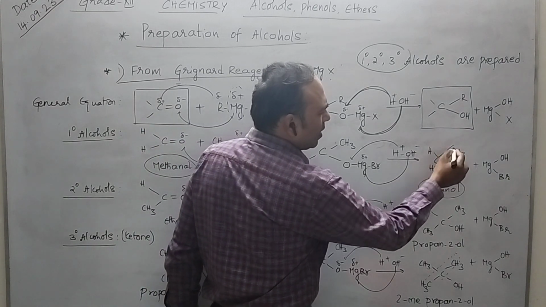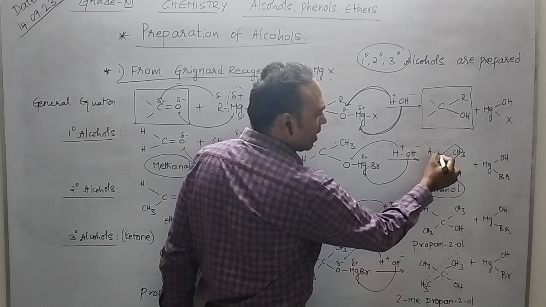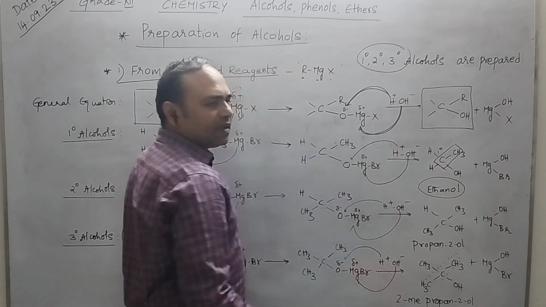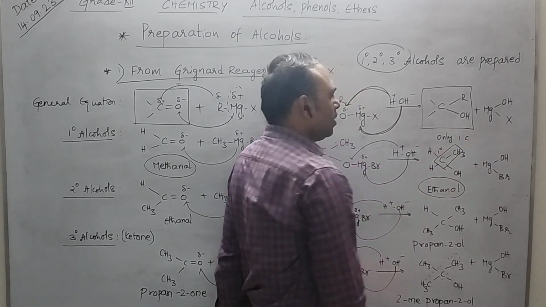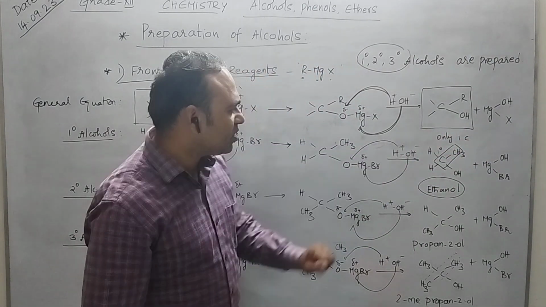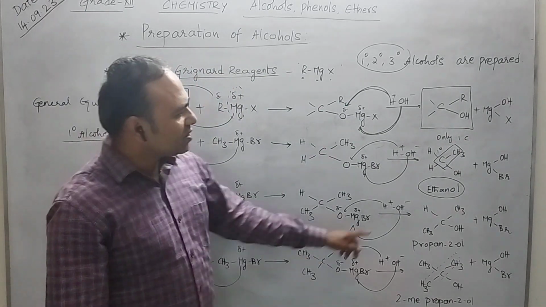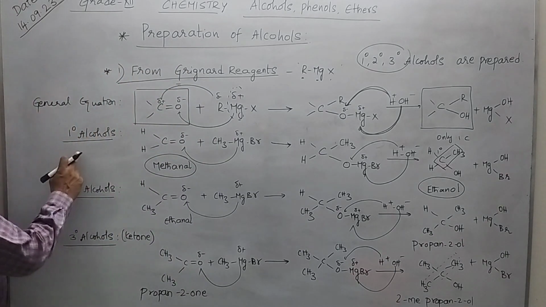So what is meant by primary alcohol? The carbon with OH is a primary carbon. That means it is connected with only one carbon. We already know this: if the carbon is connected with one carbon, you call it a primary carbon. Because OH is connected to the primary carbon, you call this a primary alcohol.